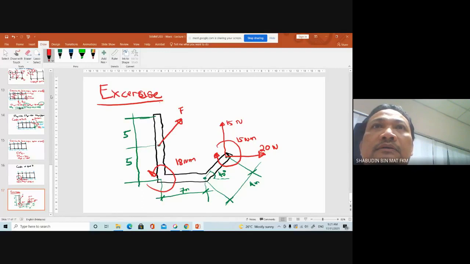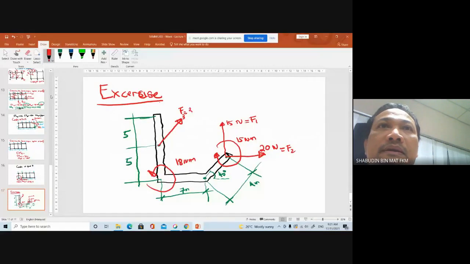Say this is force 1, say this is force 2, moment 1, moment 2. Force 1, force 2, force 3, how much do you want? 20, 15, 30 Newton.